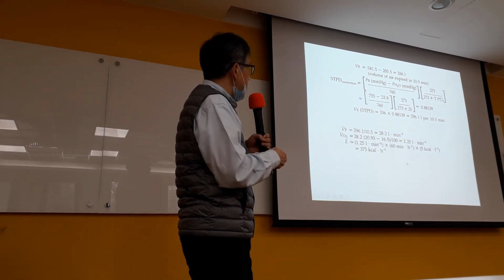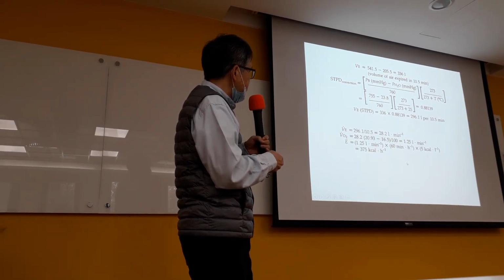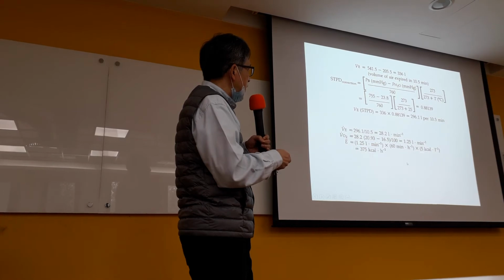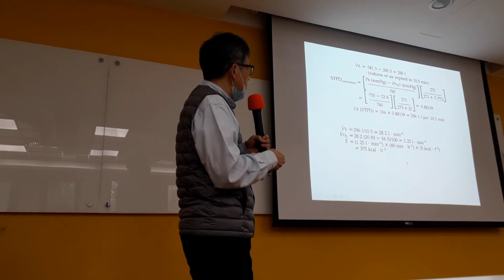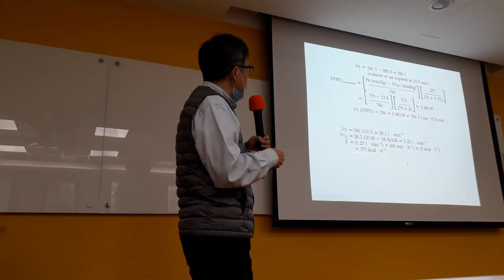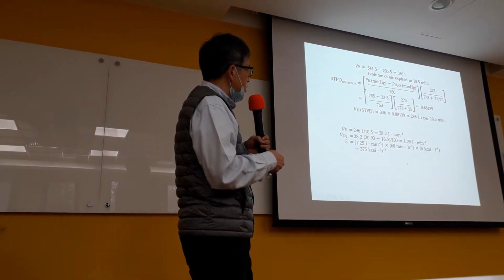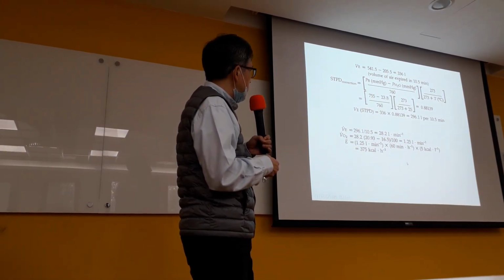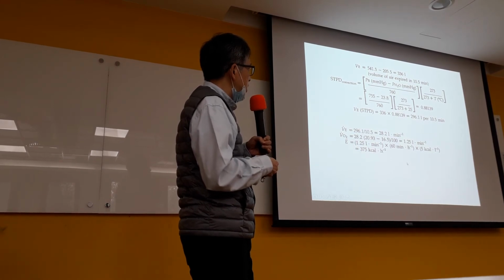And then you multiply this by 5 kilocalorie per liter. And then you don't need to adjust it back to hour, but in this example, they adjust it back to per hour for some reason. Usually we just report per minute.